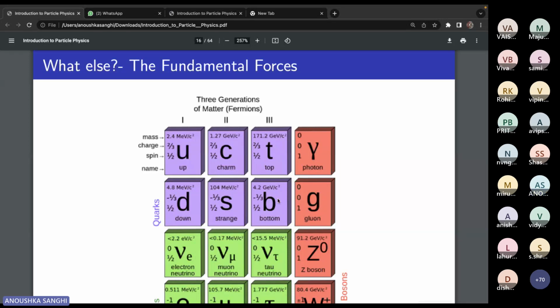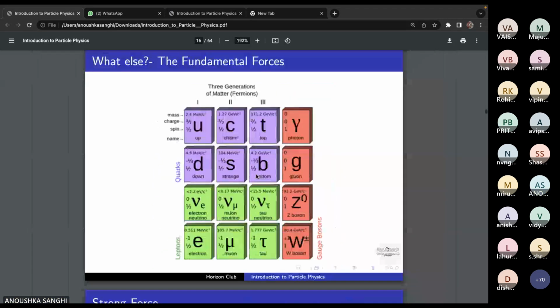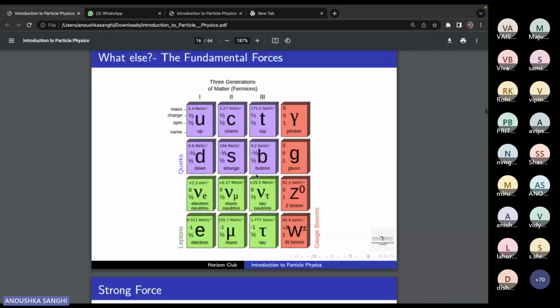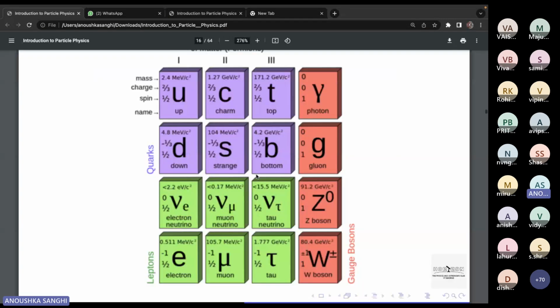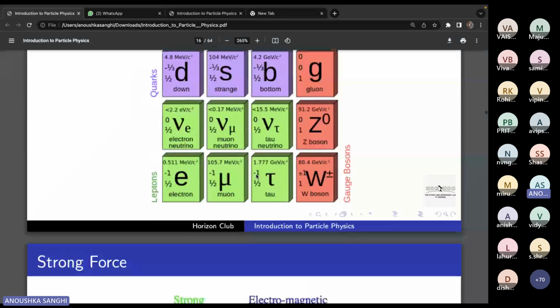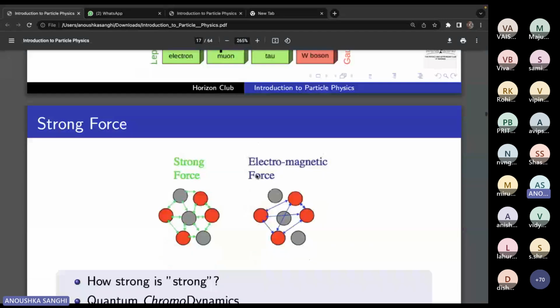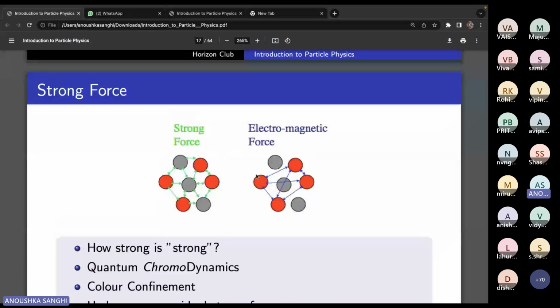So this is the matter diagram. Also remember, I have talked about force carriers, how force is transmitted by particles called bosons. That boat example, do you remember? You are standing on a boat and some person is throwing a heavy ball towards you.